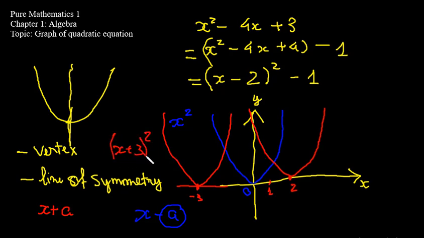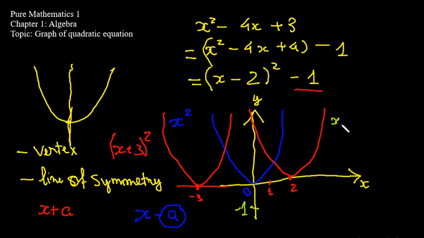Okay, the next one, look at this minus 1. It will move down the y-axis by 1. This graph is the graph of (x minus 2) squared.